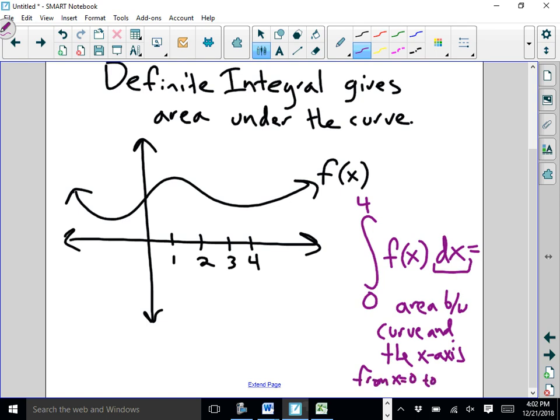So really what that gives us is the area between the curve, f of x, and the x-axis right here. It gives that area from 0 to 4.